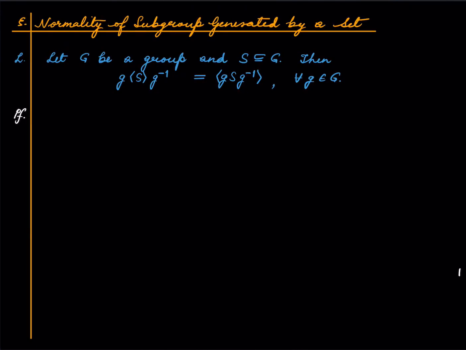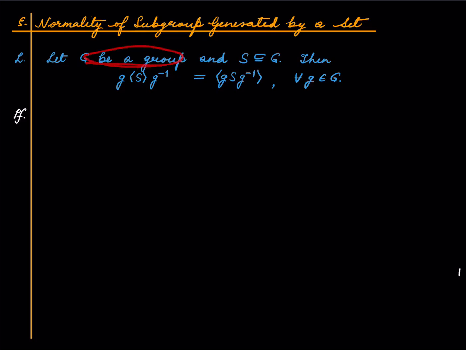So now we want to figure out a criterion to decide when a subgroup generated by a subset is normal. And for it, this is a simple lemma. This has nothing to do with normality, the lemma that I'm going to show. And there are at least two ways to do this, but I will do it in a way which I consider non-pedestrian. Okay, so what does it say?